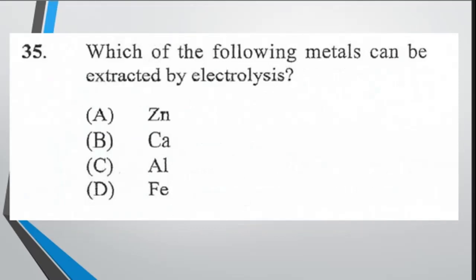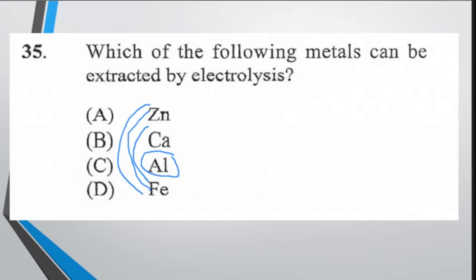Question 35. Which of the following metals can be extracted by electrolysis? Now, aluminum is extracted by electrolysis. The other elements can be extracted using carbon, right?